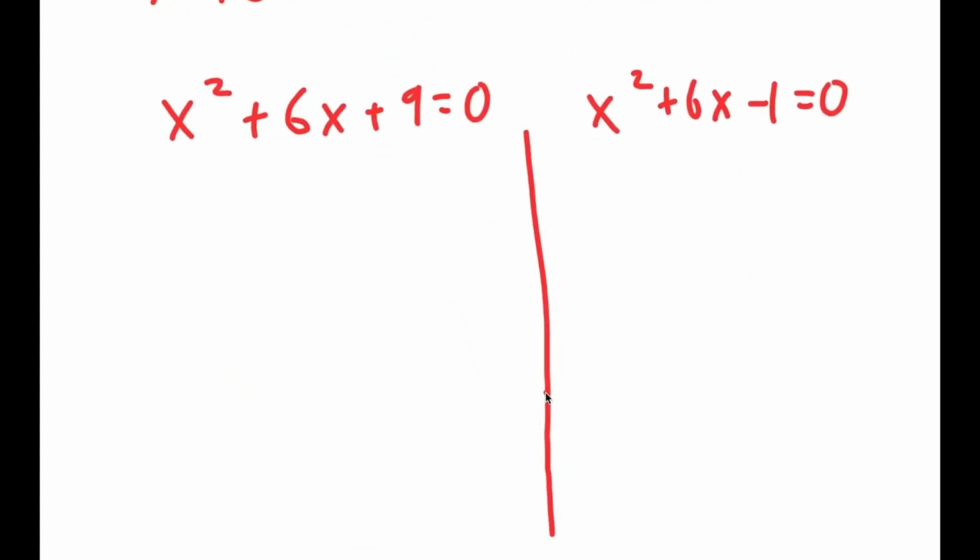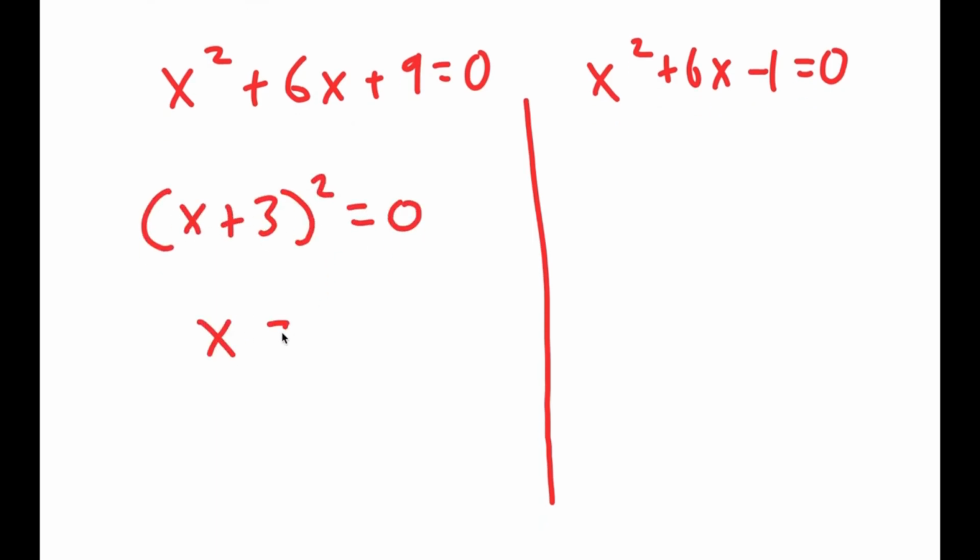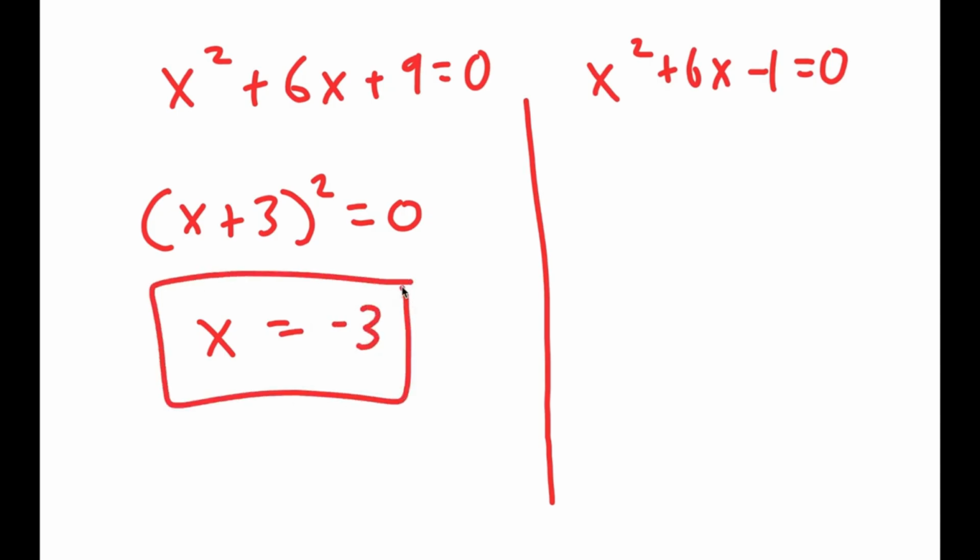Now for both of these, I can solve them. So for x squared plus 6x plus 9 equals 0, I get x plus 3 squared is equal to 0. So x is equal to negative 3. This is one solution. And for x squared plus 6x minus 1 equals 0, I can use the quadratic formula.